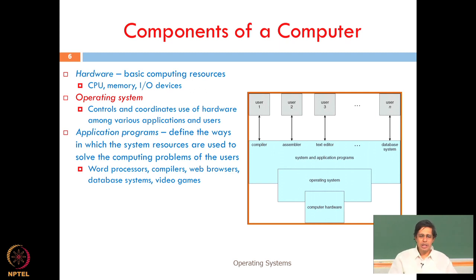There can be a user who uses the compiler, somebody can use your text editor, somebody can use your web browser, somebody can play video games, etc. So, when we view the system, there are 4 layers. The basic is the computer hardware, on top of it is your operating system, then the system and application programs, and then the end user who uses these application programs.